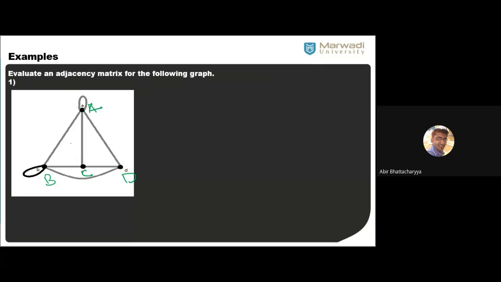Done? Once you've done, all of you write down your answer in the chat box. You may ask me how to write it. First of all, open your notepad and write with spaces.